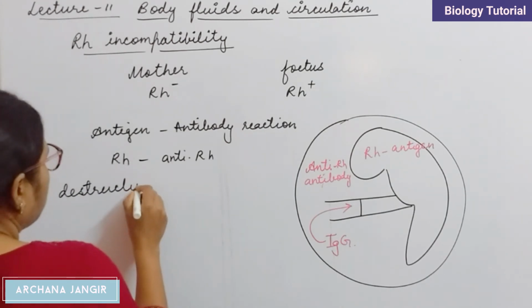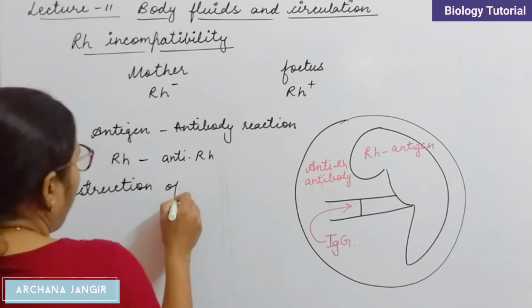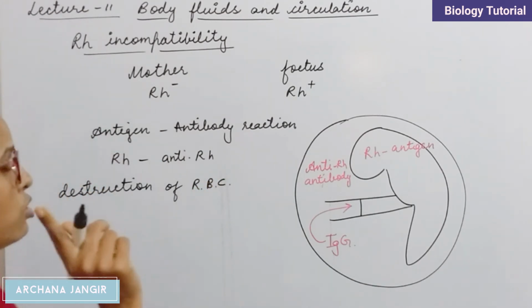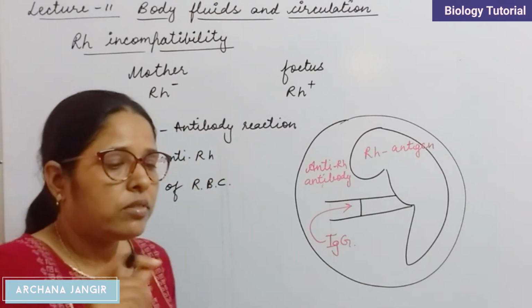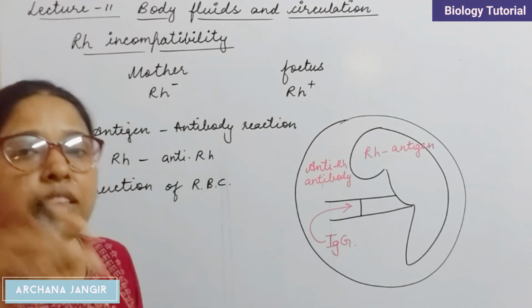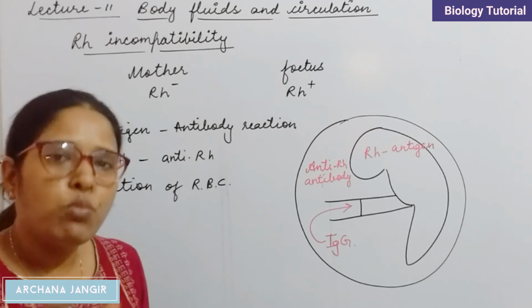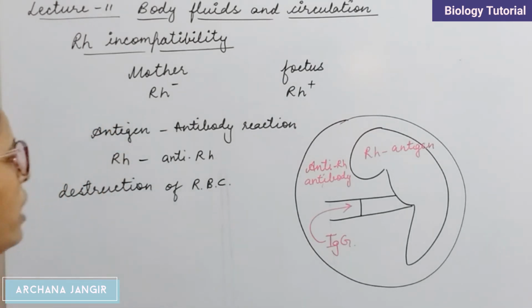This leads to the destruction of RBC, and this is more severe than ABO incompatibility. Rh incompatibility is more severe than ABO incompatibility.